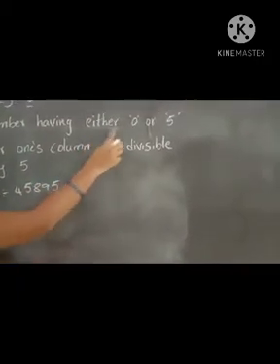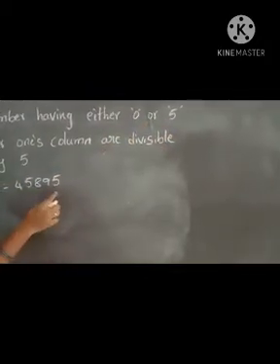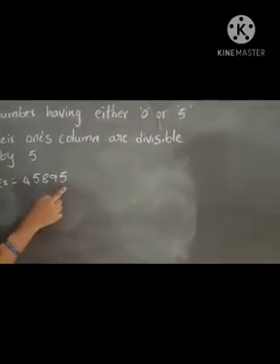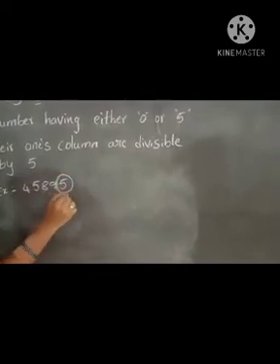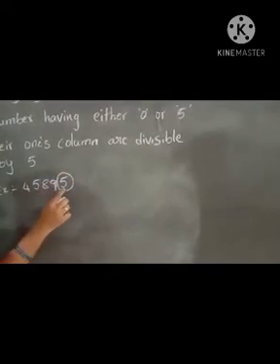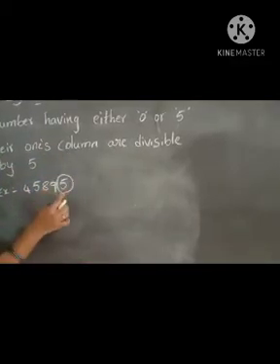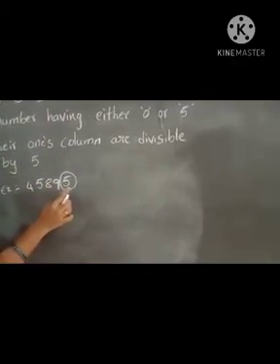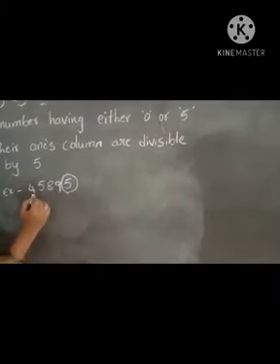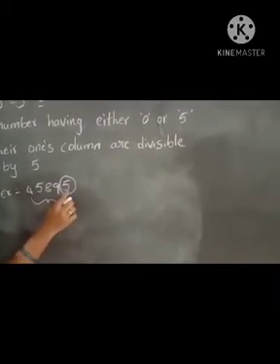What is the rule? Either 0 or 5. In ones place, what is the number? Here the ones place number is 5. In their ones column, 5 is there or not there? Yes, 5 is there. Then the total number is divisible by 5.